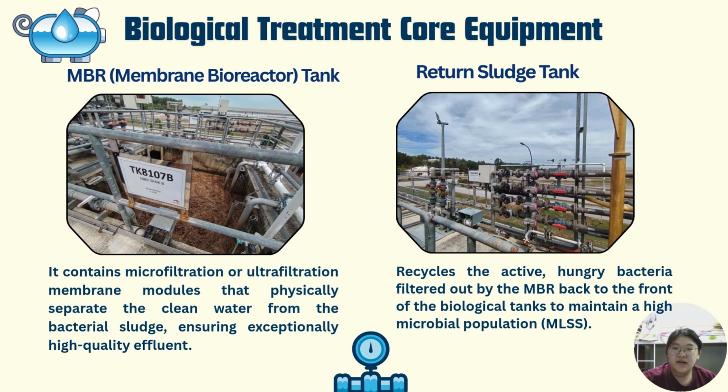Finally, the return sludge tank recycles the active, hungry bacteria filtered out by the MBR tank straight back to the front of the biological tanks. This is vital to maintain a high microbial population, or MLSS, across the entire system. Without this continuous recycling route, the biological tank will rapidly run out of the bacteria needed to treat the incoming wastewater.